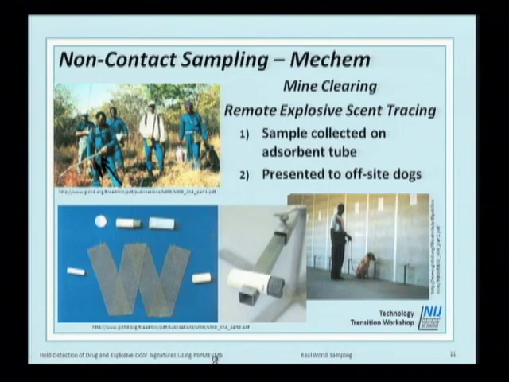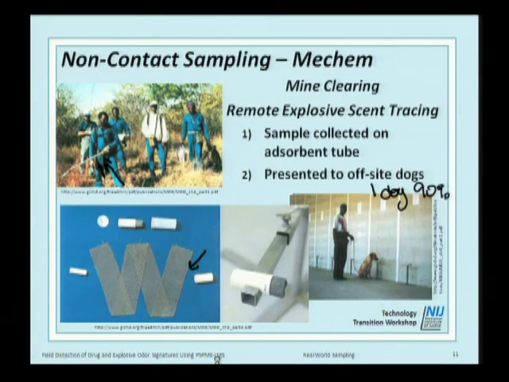And they'll actually suck large amounts of air in and absorb them on these absorbent filters. Once they've collected this sample from an area, each of these absorbent tube samples is labeled with a designation to correlate back to the area you sampled.